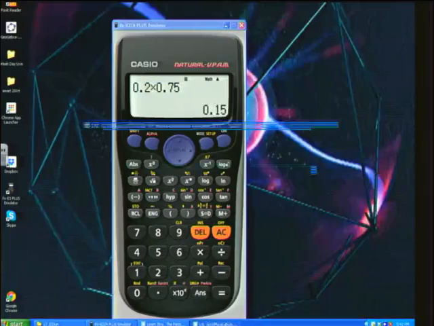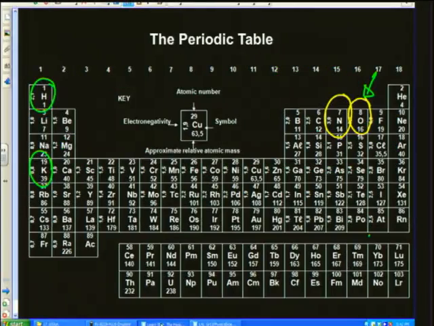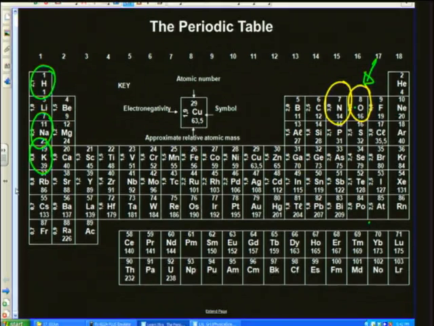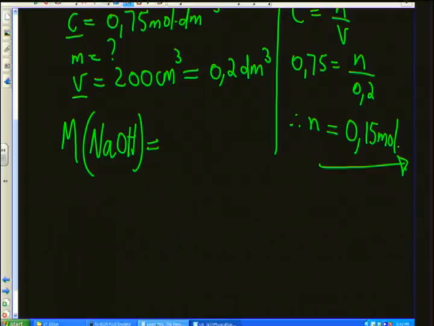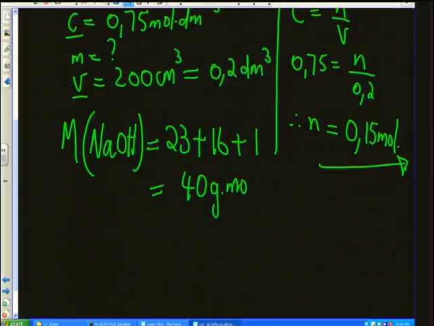Oxygen we found the other time, it's 16. Hydrogen is 1. So we go back to our calculation and say 23 plus 16 for oxygen plus 1 for hydrogen. So we've got 40 grams per mole.